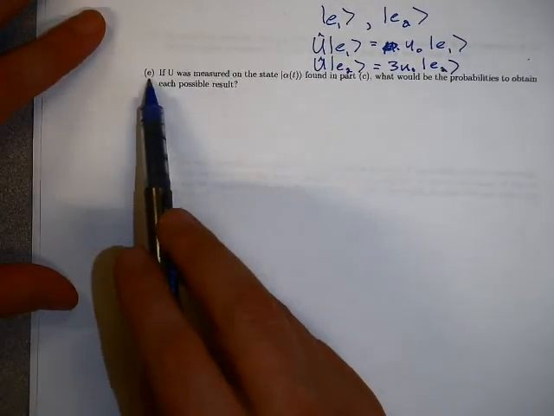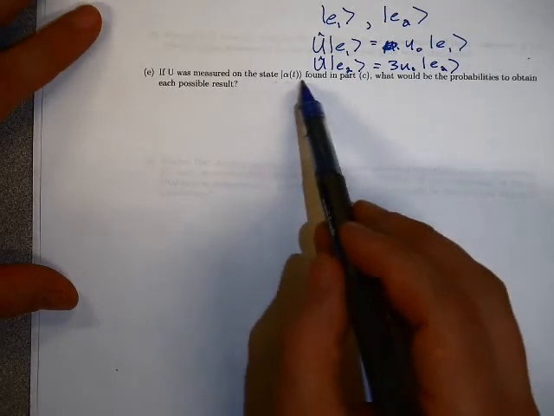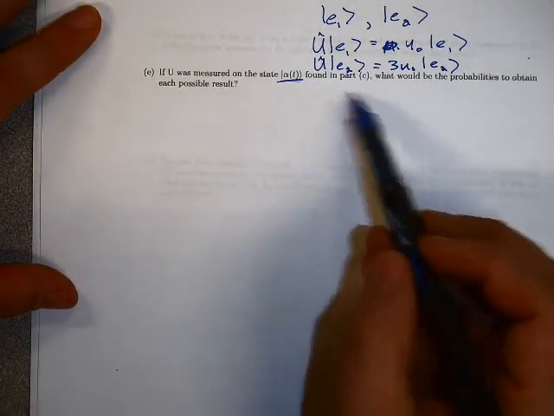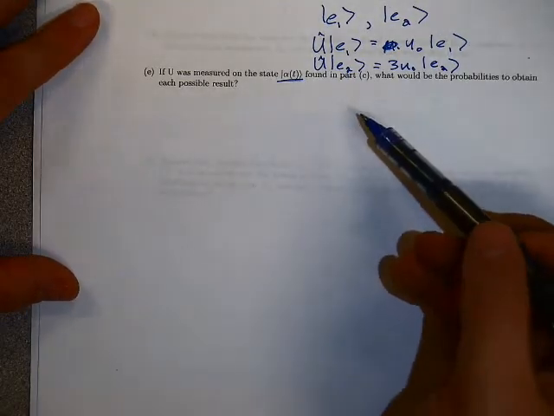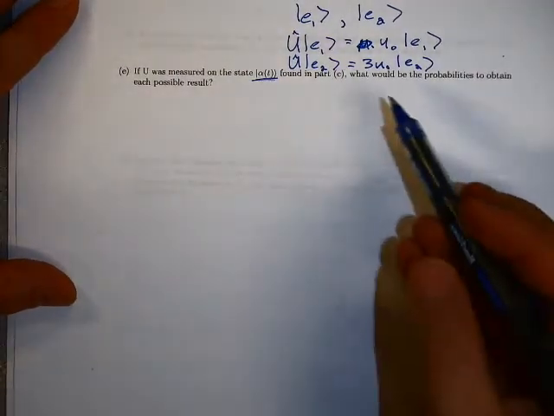Part E, now we're asking if you measured on the state alpha of t, then what would be the probabilities to obtain each possible result.